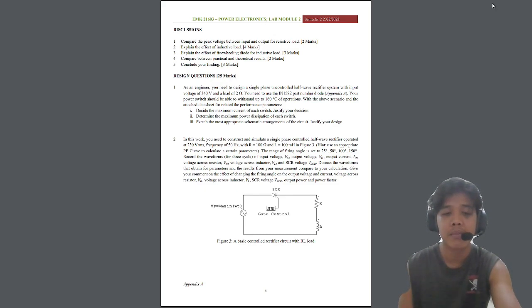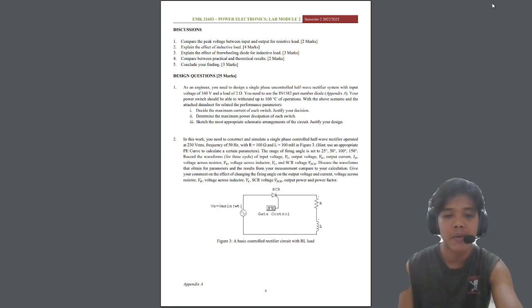So the graph can be put into three uncontrolled half-wave rectifiers. According to my research, the first circuit gives us guidance on how to determine the voltage for the resistive load. The value is affected by the voltage supply, and the input voltage for each circuit was the same. The resistor and the inductor are based on current used in an inductive load.